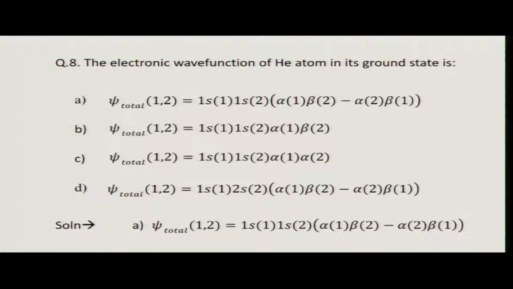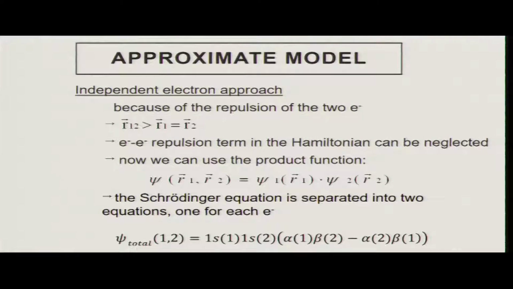The approximate model is an independent electron approach. The electron-electron repulsion term is ignored, and so the product of the 2 functions can be used, as the problem then depends only on R1 and R2.